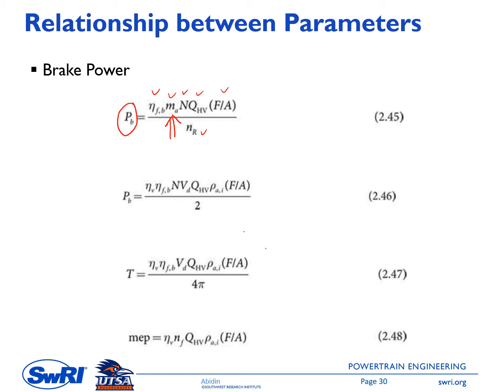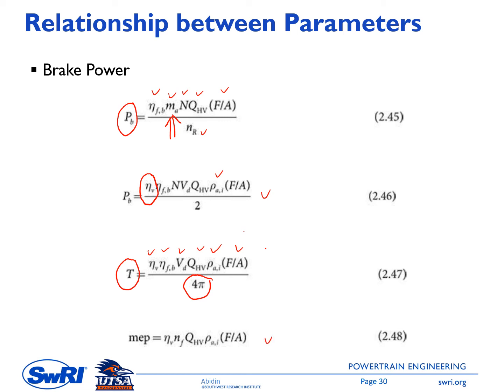And this is another correlation of the brake power. In this case, we introduce this efficiency, the volumetric efficiency. And here we have the density of air at the intake system, and this is the torque. So it is a function of the volumetric efficiency, engine thermal efficiency, this is brake, and then engine volume, lower heating value, and then air density at the intake system, this is fuel-air ratio divided by 4 times pi.